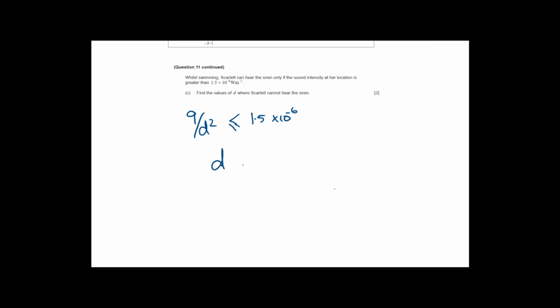So D is greater than or equal to 2,449 point whatever it was. But that's closest to greater than 2,450 meters. 40 centimeters, 60 centimeters is not going to make a lot of difference. That's how you do that one.